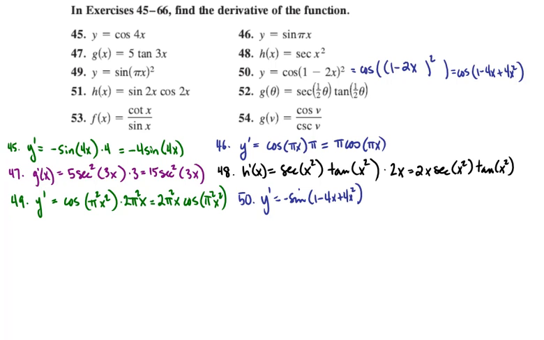Then we leave the inside alone, then the whole thing is times the derivative of the inside, which is negative 4 plus 8x, or 8x minus 4. And with a rewrite we'll get negative quantity 8x minus 4 times the sine of 1 minus 4x plus 4x squared.